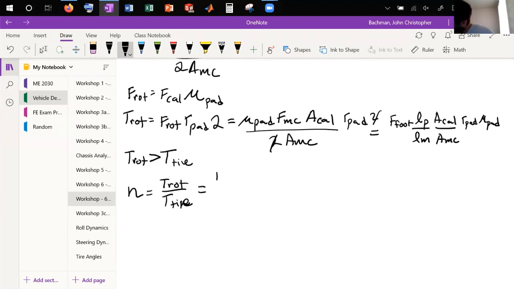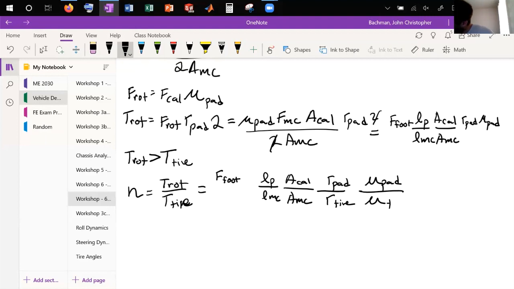So we have force of the foot, then we have length to the pedal, length to the master cylinder, area of the caliper over area to the master cylinder times the radius of the pad times mu of the pad. And all this stuff is going to get multiplied by the radius, divided by the radius of the tire, coefficient of friction on the tire, divided by, in this case, we had weight over 2 times the wheelbase times C plus mu height CG, right?